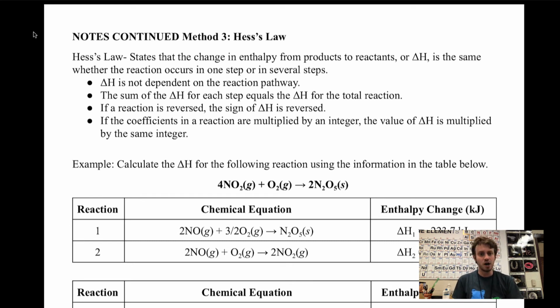So Hess's law states that the change in enthalpy from reactants to products, or the delta H, is the same whether the reaction occurs in one step or in several steps.